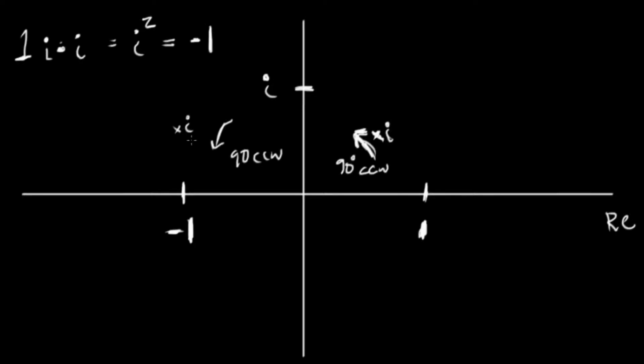That's the big idea. i squared is equal to -1. Multiplying by i rotates 90 degrees counterclockwise. Multiplying by -1 rotates 180 degrees counterclockwise. So multiplying by i twice does that function twice, and it's equivalent to -1. This is the money right here.